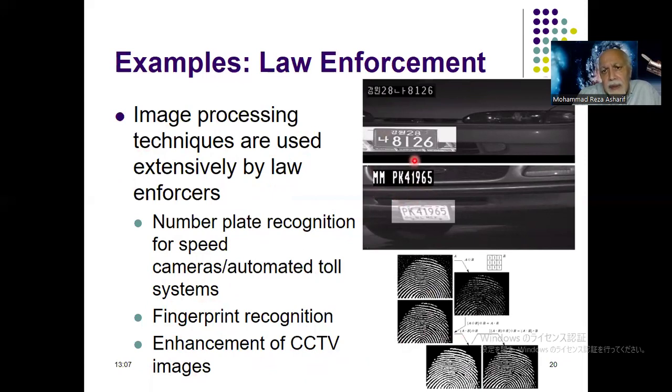Even if the plate number is taken obliquely, from the corner, you can recover what the number is by an image processing algorithm, of course. This is much more difficult. I will explain if I have time.